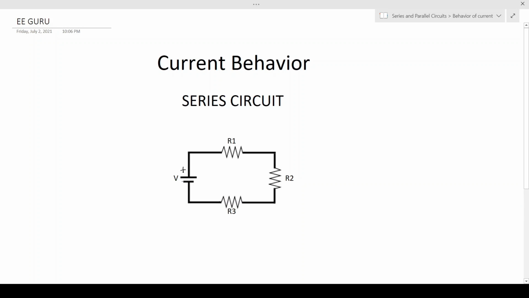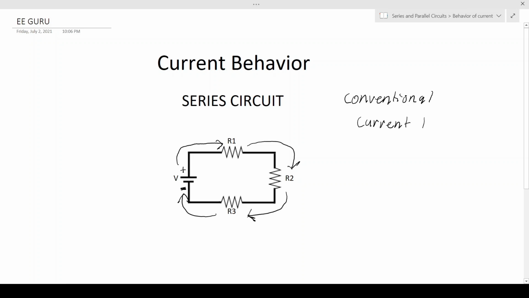So previously I mentioned that current flows from the positive terminal of the voltage source into the negative terminal of the voltage source. And this idea of current flowing from the positive terminal into the negative terminal is called conventional current flow.